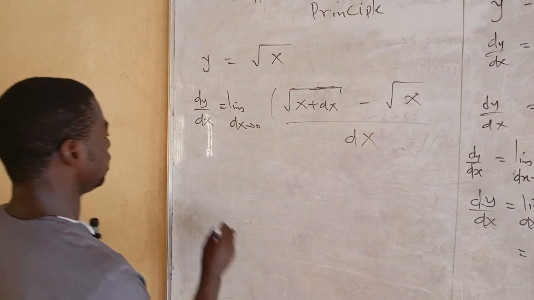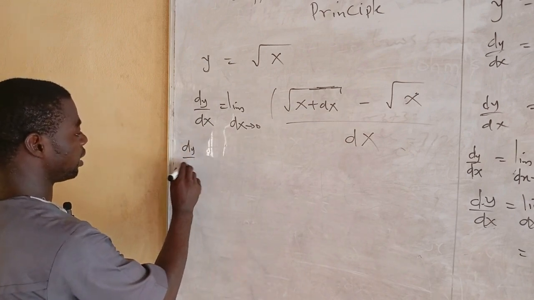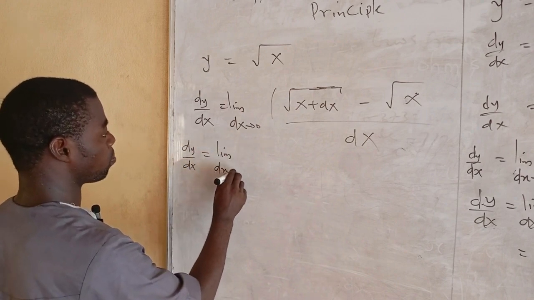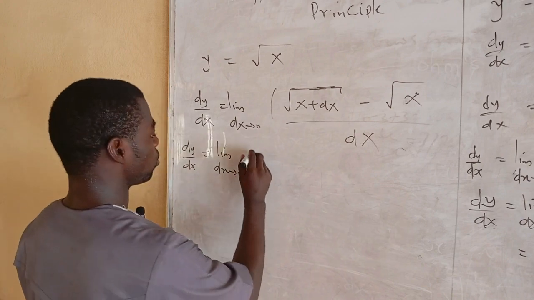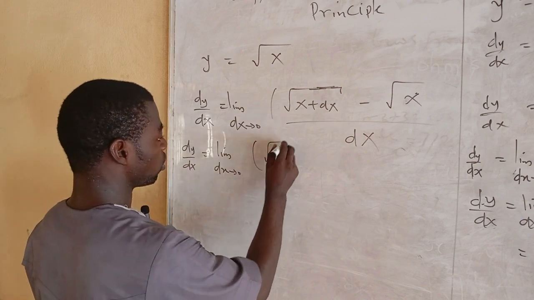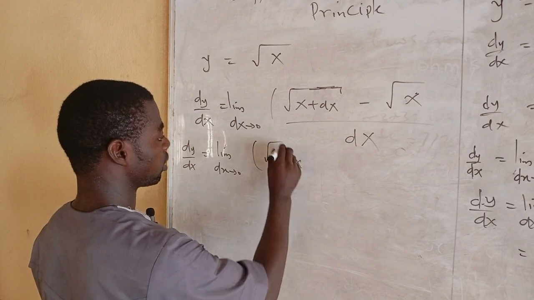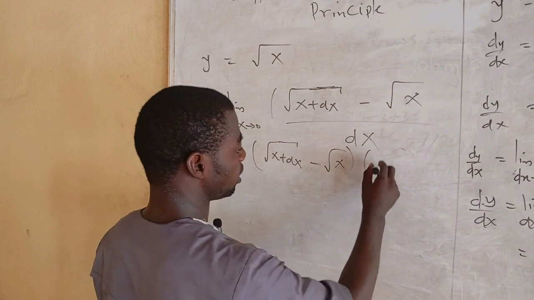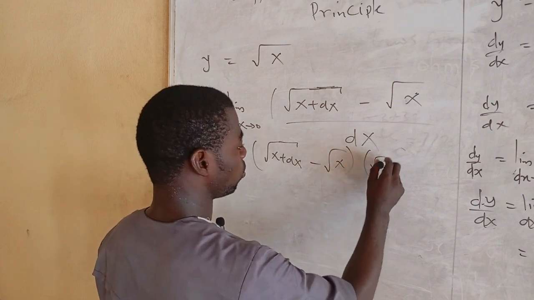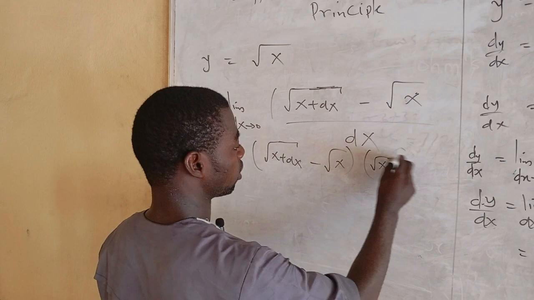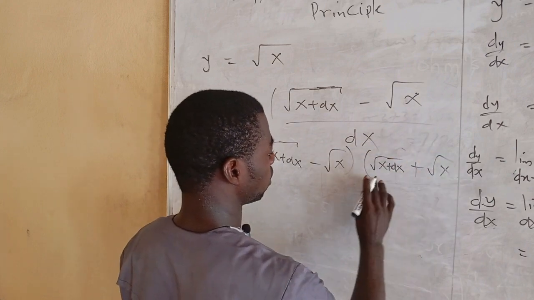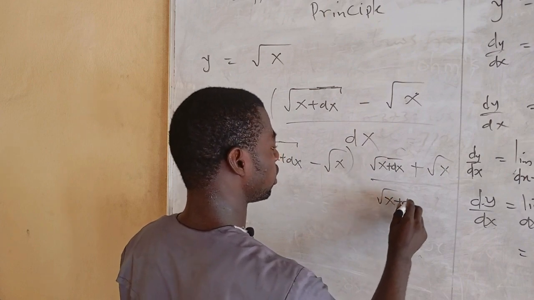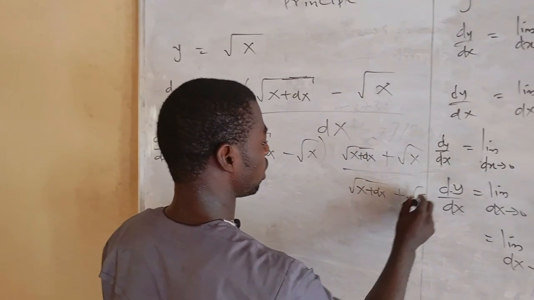So what we are going to have is dy/dx is equal to the limit as dx approaches 0 of root of x plus dx minus root x, times root of x plus dx plus root x, all over root of x plus dx plus root x.